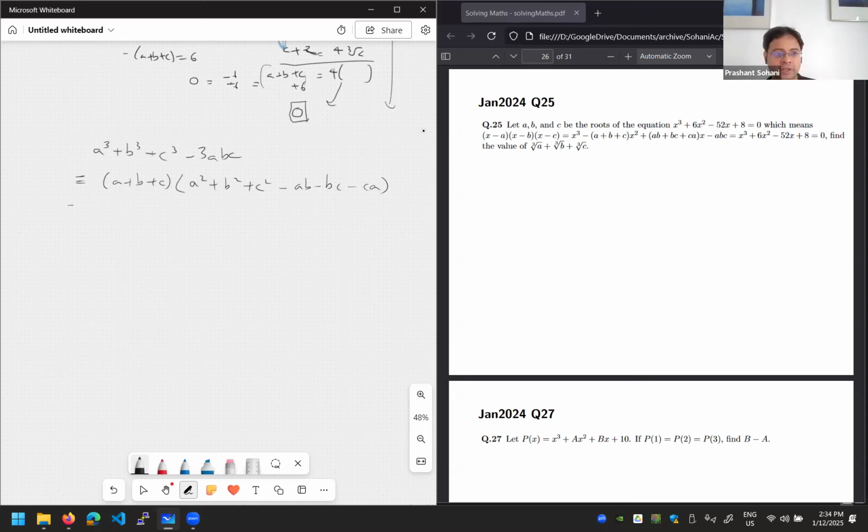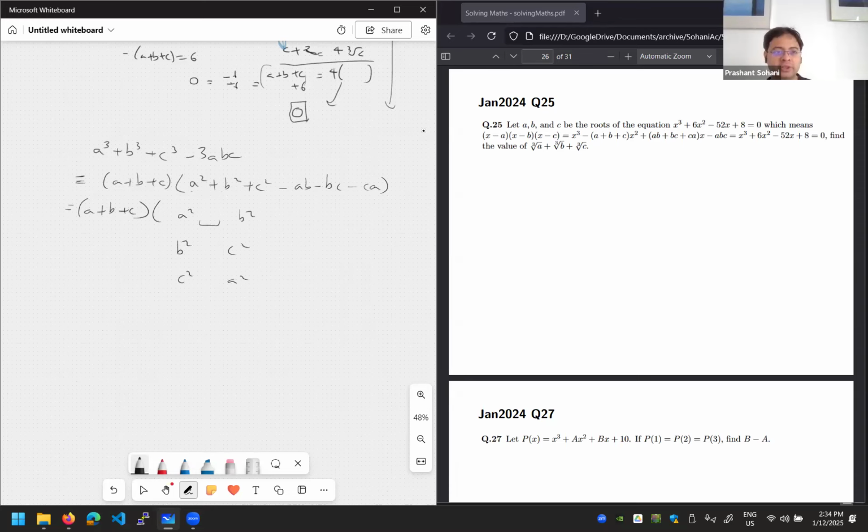So, keeping the first bracket as it is, you'll notice what we can do in the second bracket. You see, you have a square, b square, c square over here. So I can try to complete the square, right? My plan is to have a square, b square, and the middle term for that, b square, c square, and finally c square, a square.